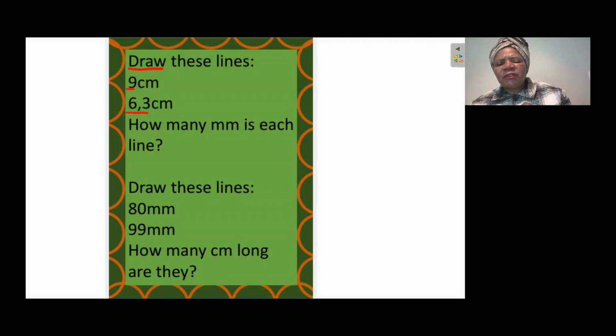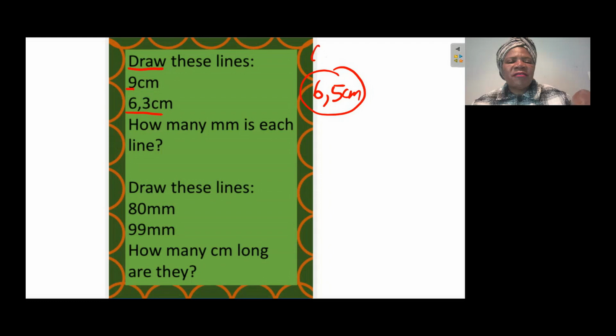Then we go to 6.3. Between 6 and 7, there is a middle line shown on the ruler, and that mark is 6.5.